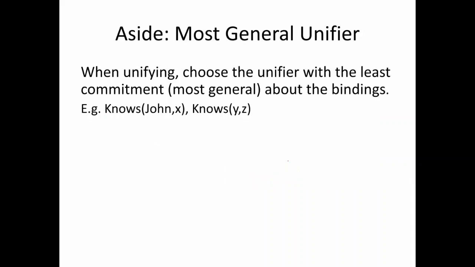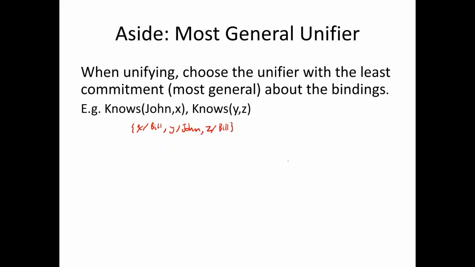In some cases, you have multiple unifiers that can unify the given pair of sentences. In such case, you want to choose the most general unifier, which is a unifier that's the least restricting. So in this example, one unifier that works would be setting X to some random name, say Bill, Y to John, and then Z to Bill.